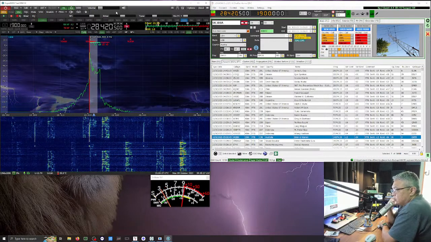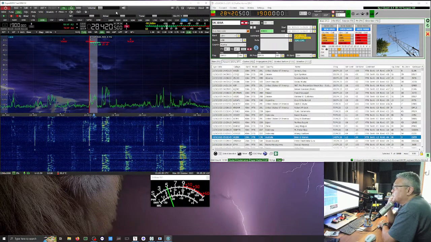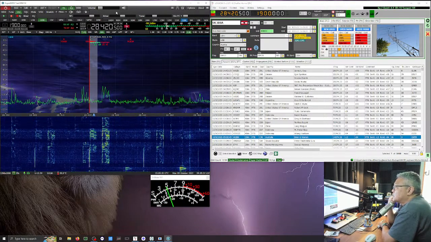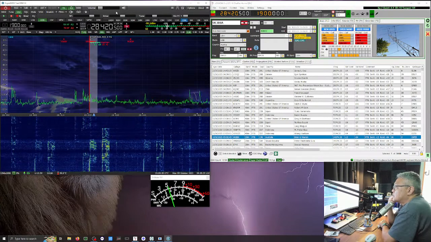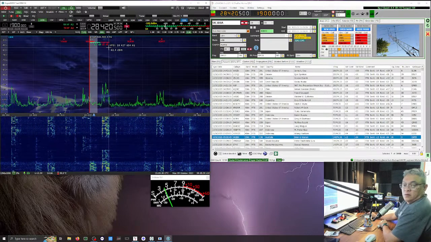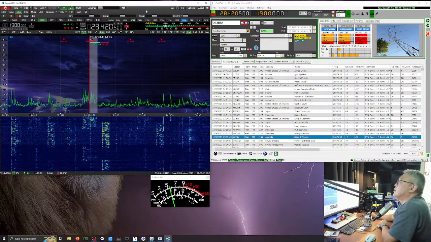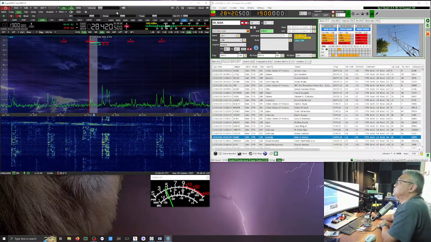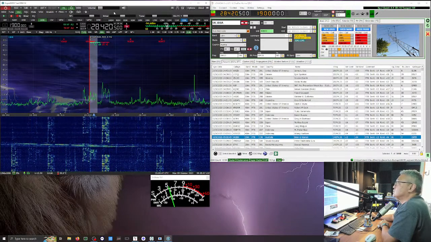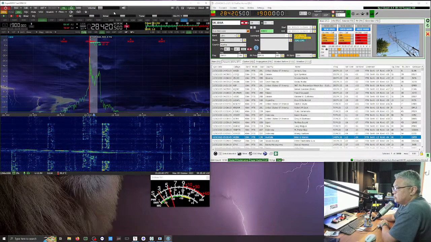November 4, Victor Foxtrot Romeo. Romeo something, you 5 and 9. Kilo India 6 Romeo. KI6N, you 5 and 9. Thank you for the good signal report from California. 73 QRZ. November 4, Victor Foxtrot Romeo.